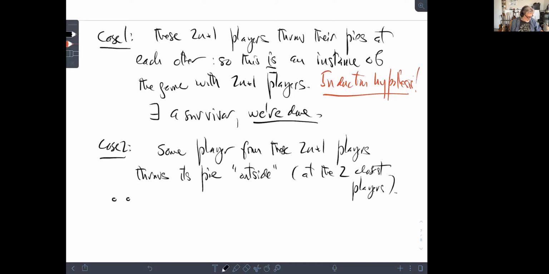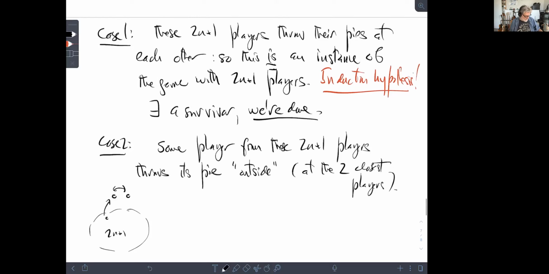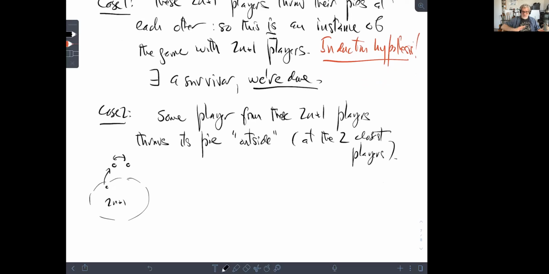So we have these two players that hit each other, I have all the other guys here, and somebody throws their pie outside. Then I'm not allowed to use the induction hypothesis. There's no way to use it, so you just forget about that.